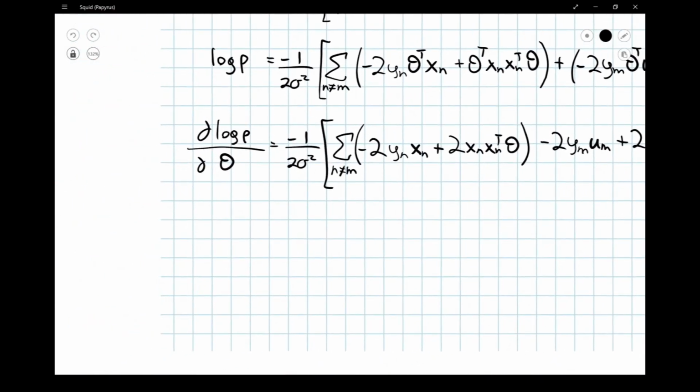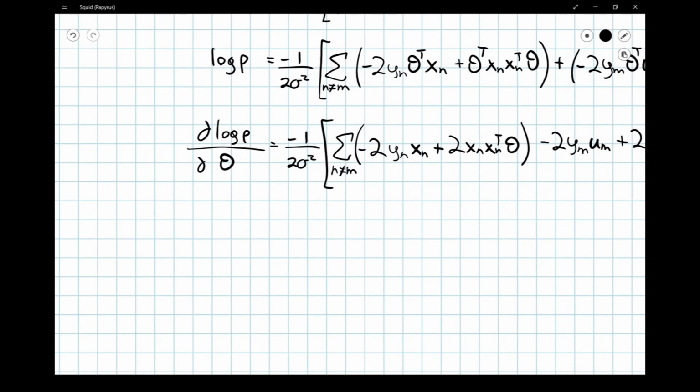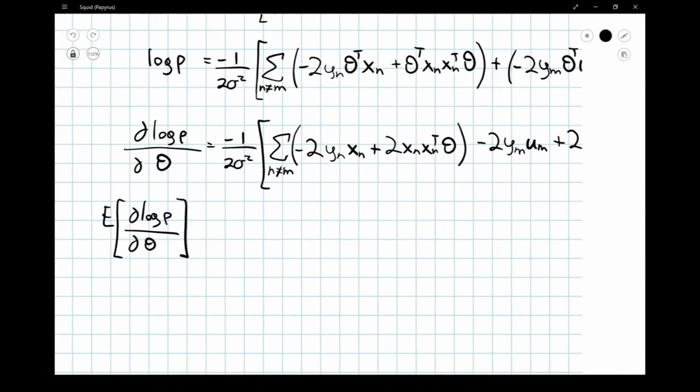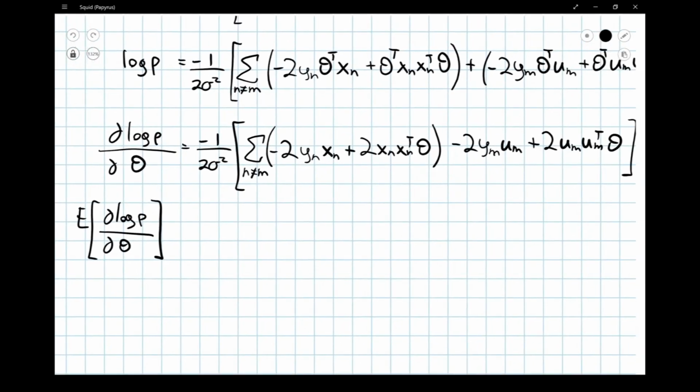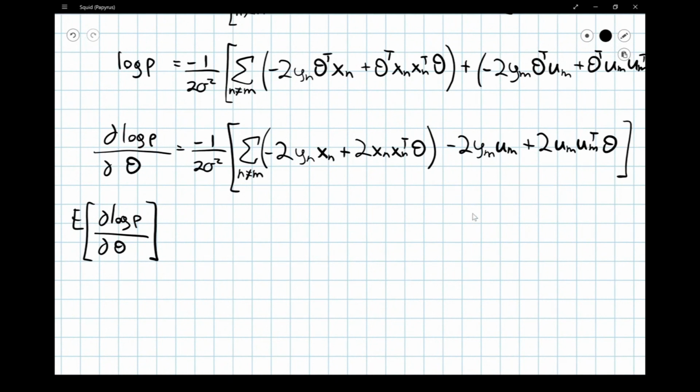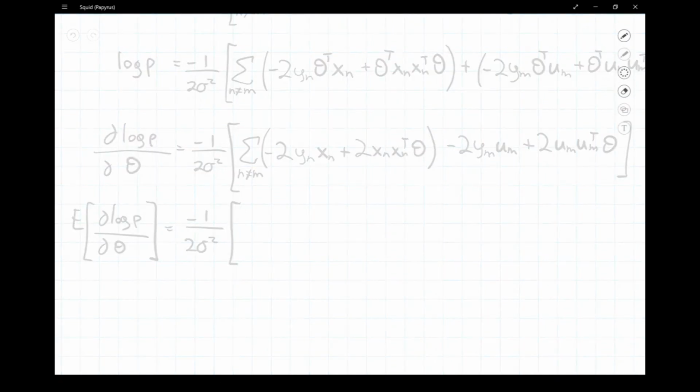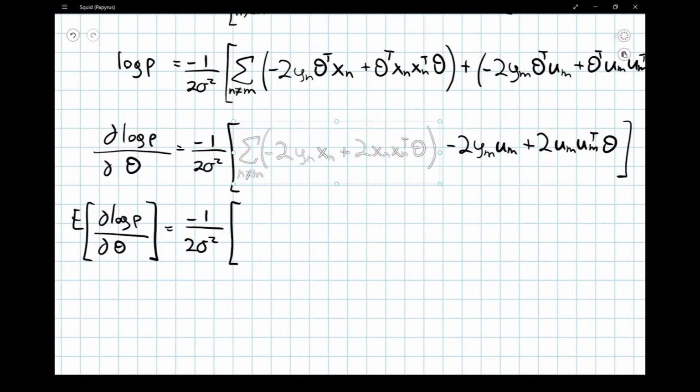Okay, so that means now if we take the expected value, so we're going to look at the expected delta log p, delta theta, and remembering this is with respect to z, and u actually contains z, so all this stuff is going to be unchanged, but we are going to need to look at that. So we're going to end up with still a minus 1 over 2 sigma squared. Then all of this is the same.